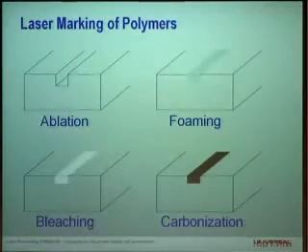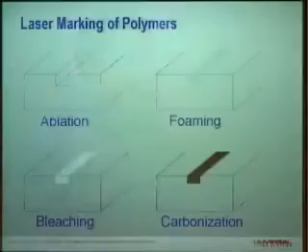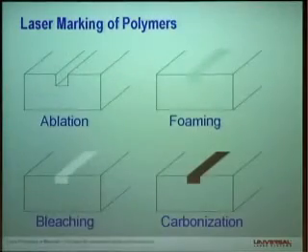So these would be dyed polymers that have one natural color, but they're dyed a different color, and a laser can bleach that dye mechanism. Now, typically, these dye mechanisms respond better to a YAG or a fiber laser frequency at about 1 micron than they do to CO2. So you'll typically see bleaching done with a 1 micron laser rather than a 10 micron laser.